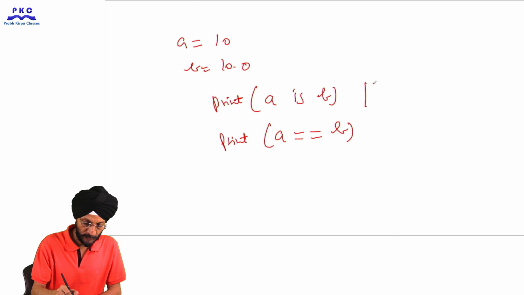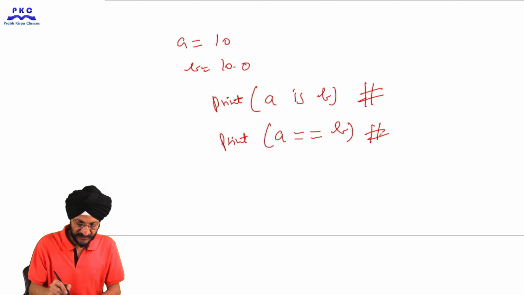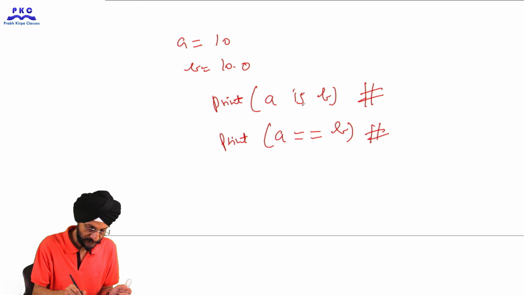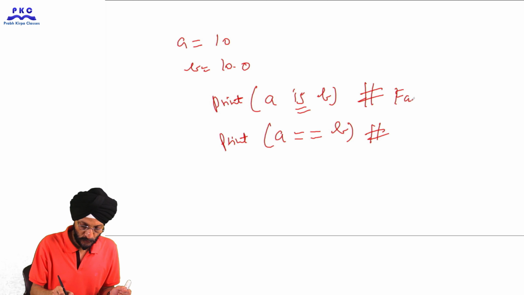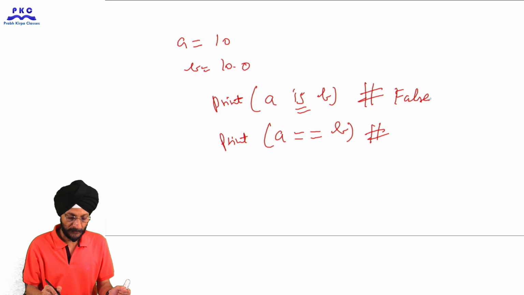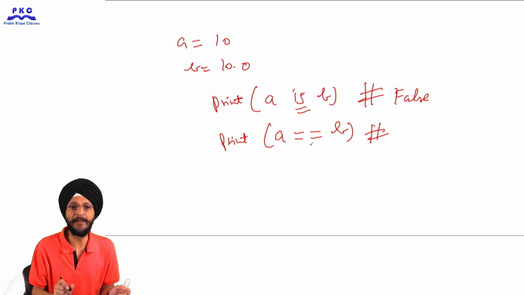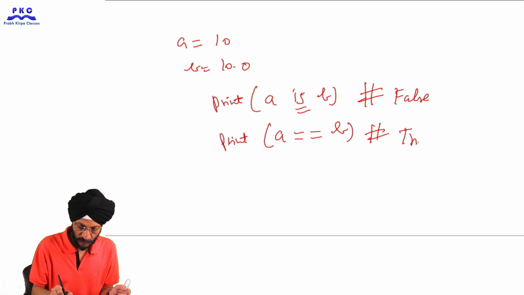So now what will be the output? The is operator will result in false, but a equal equal b will result in true.